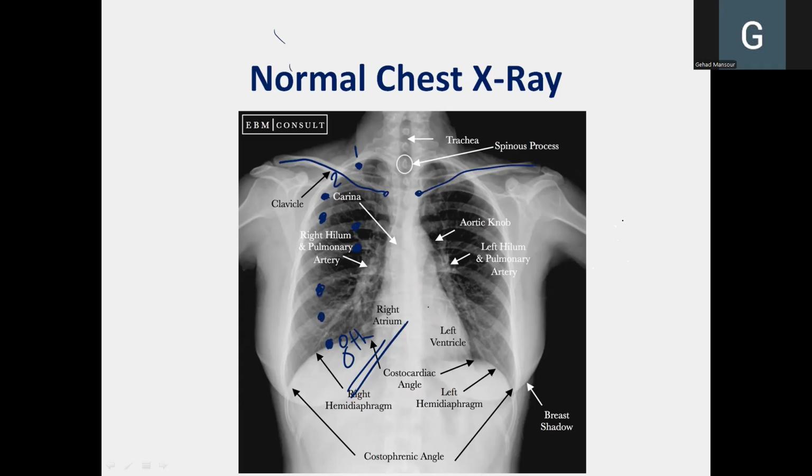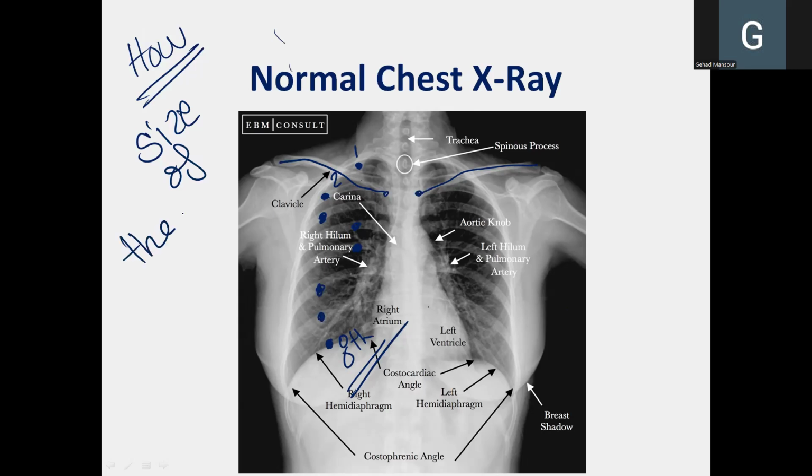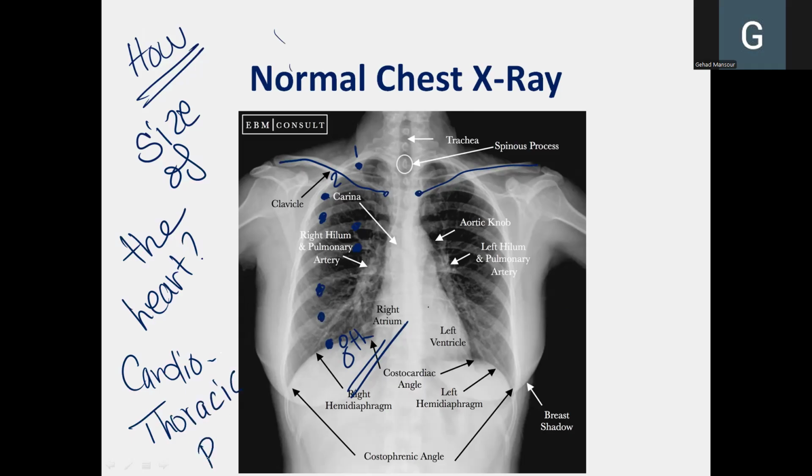Doing what? How? This is another question. How can you know or estimate whether the size of the heart is normal or abnormal or enlarged? By measuring the cardiothoracic ratio. This is important to know. What is the cardiothoracic ratio?